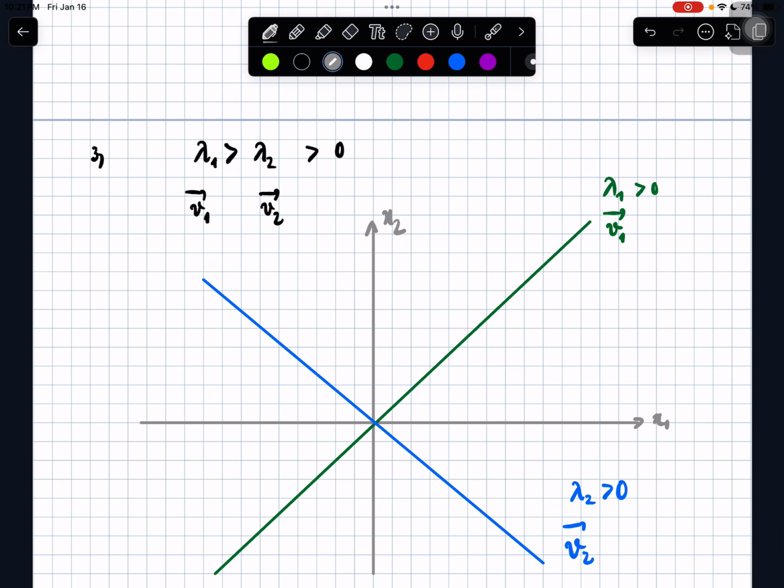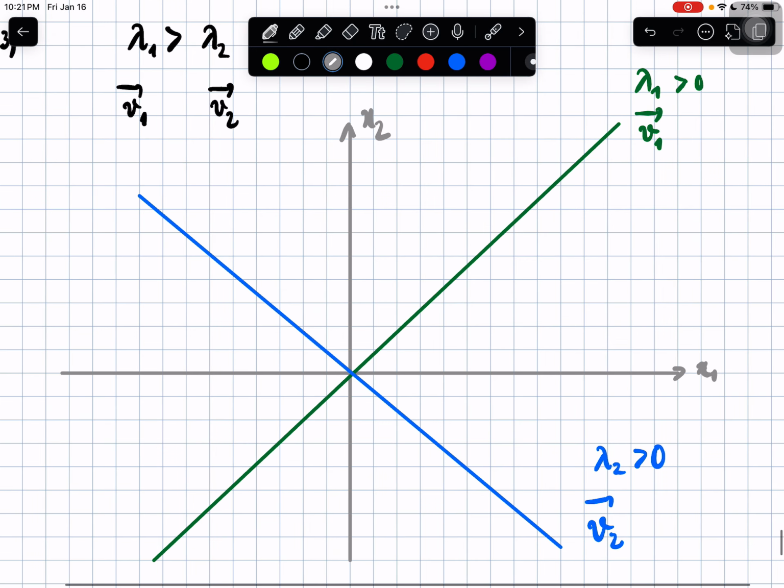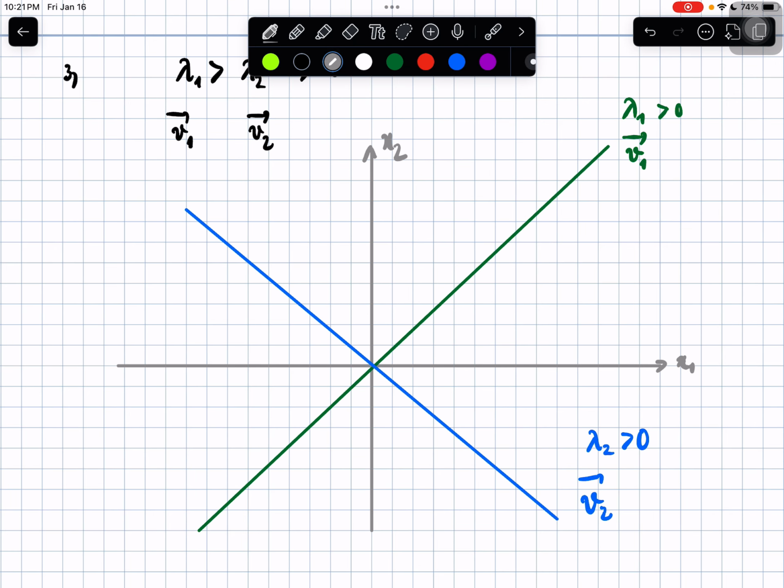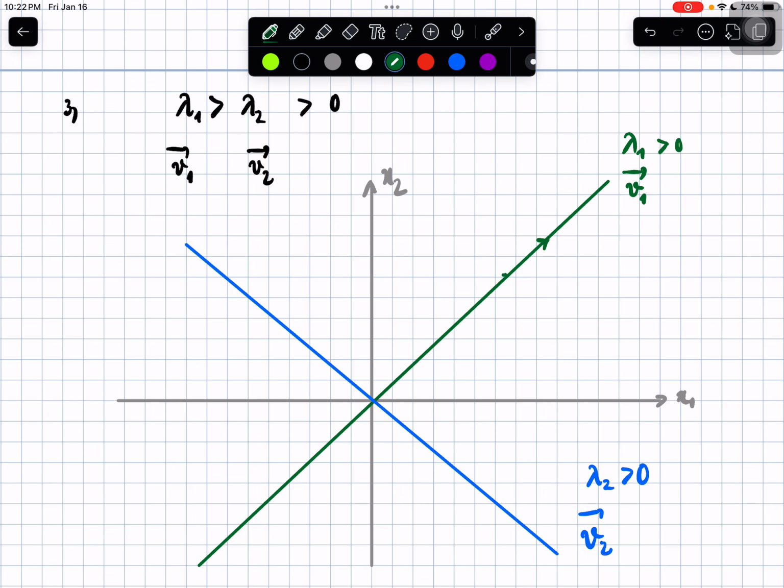Because both eigenvalues are positive, it has to go off to infinity.